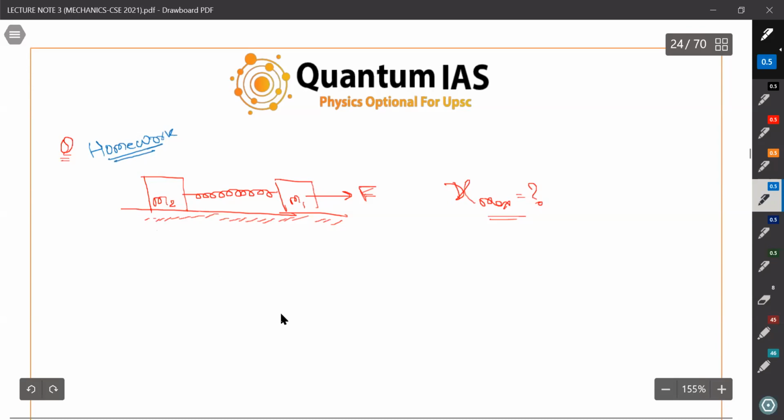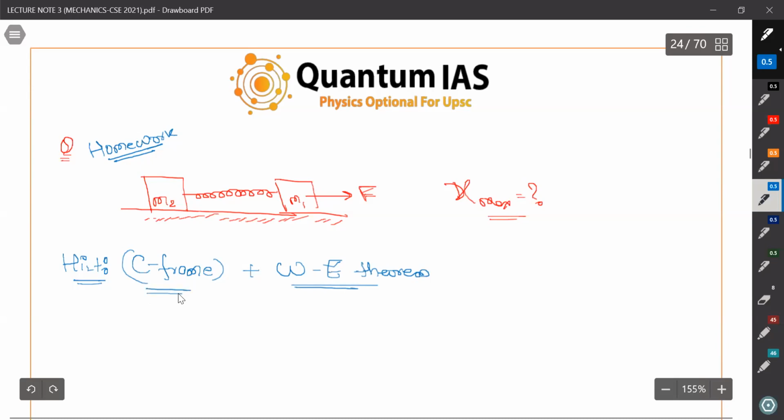This is a frictionless table, and I will give you a hint. I will not solve this, but I will give one hint for this. Use the C frame, okay, plus use the work energy theorem that we have studied earlier.